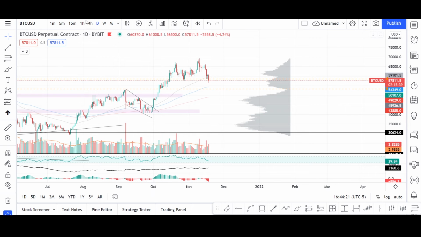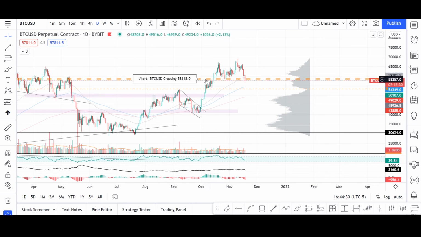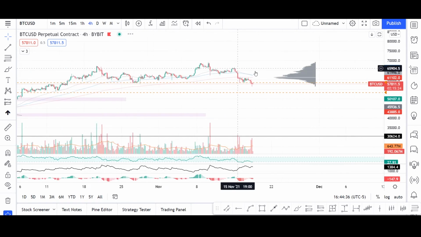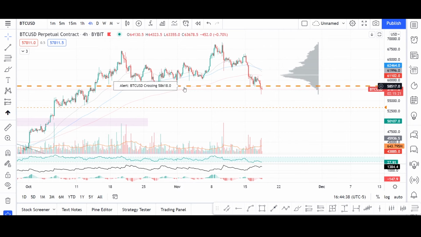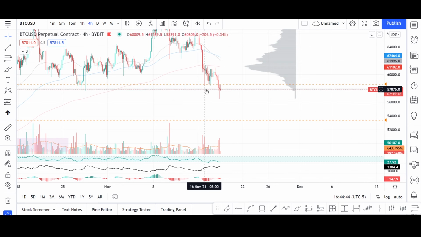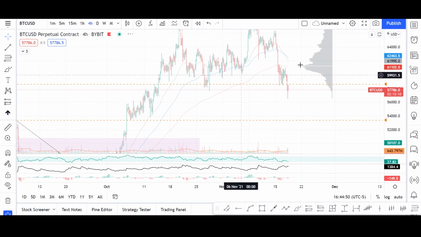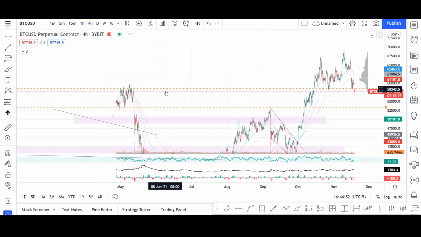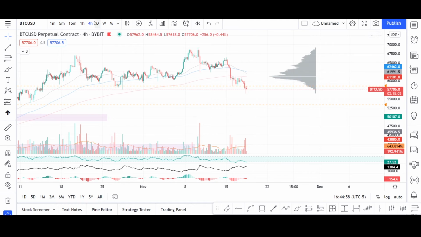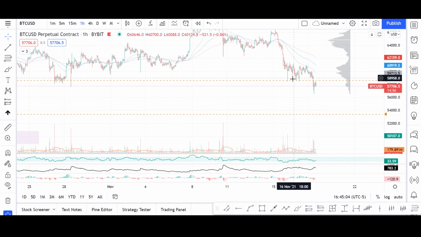Let's have a look at technicals. On technicals we can find that on the 1 hour chart we are crossing through this 58k area that has previously been our support, and as we have closed our 4 hour candle right here below this level of 58.5, which has previously also been a resistance, it means that we can't really manage to defend this level.